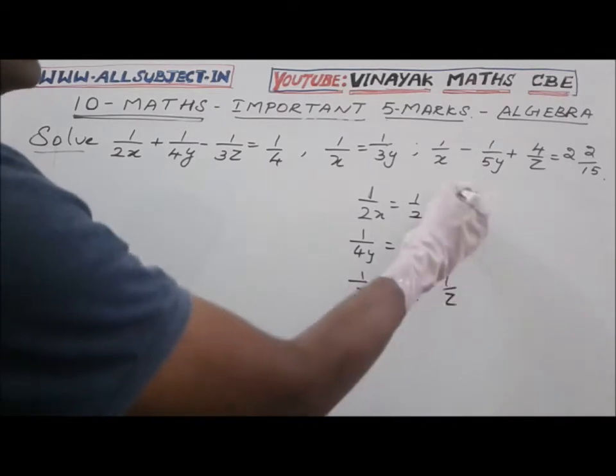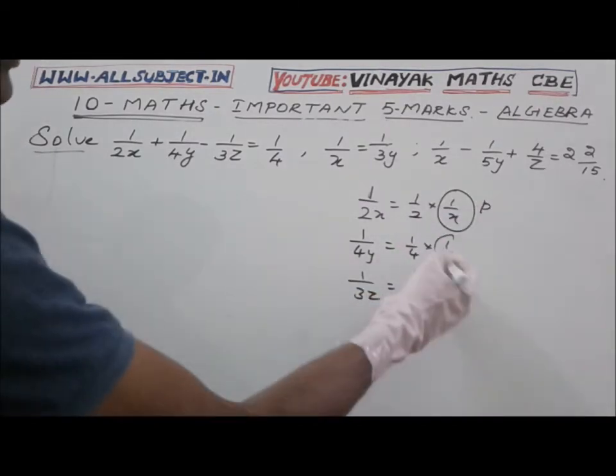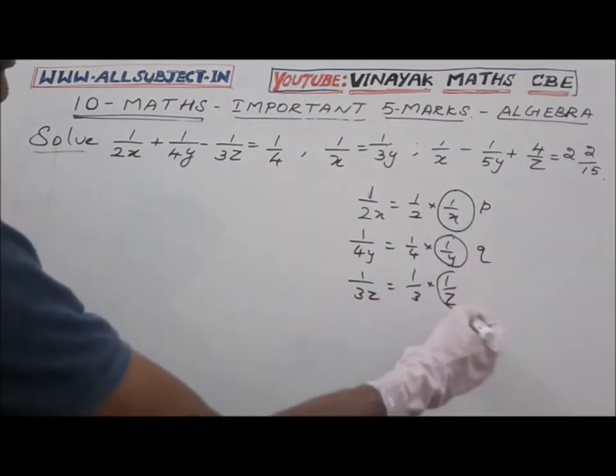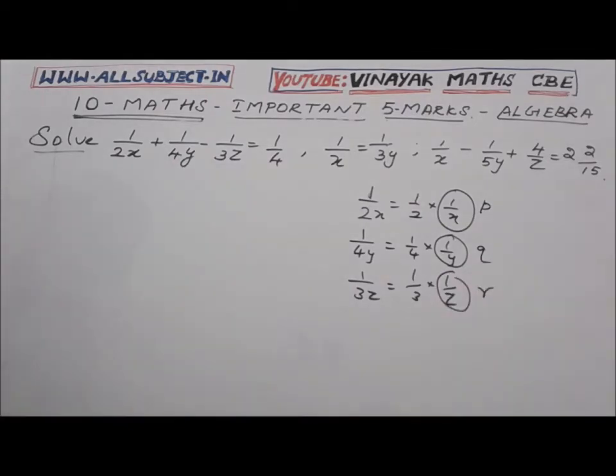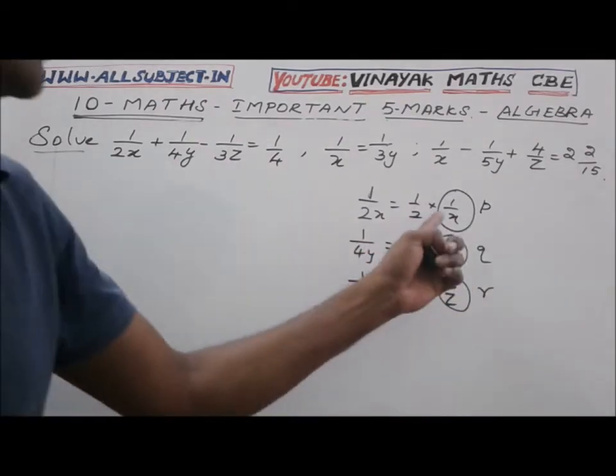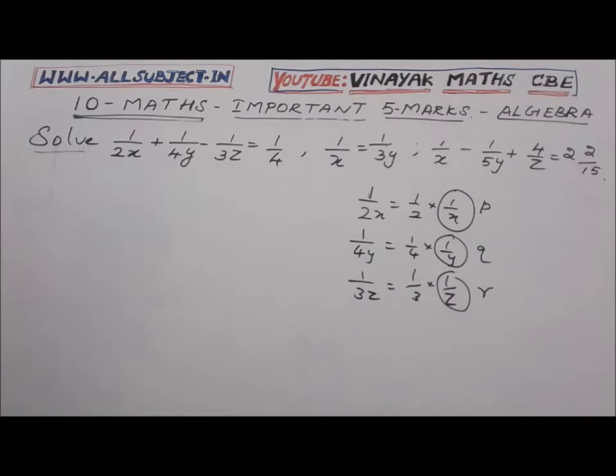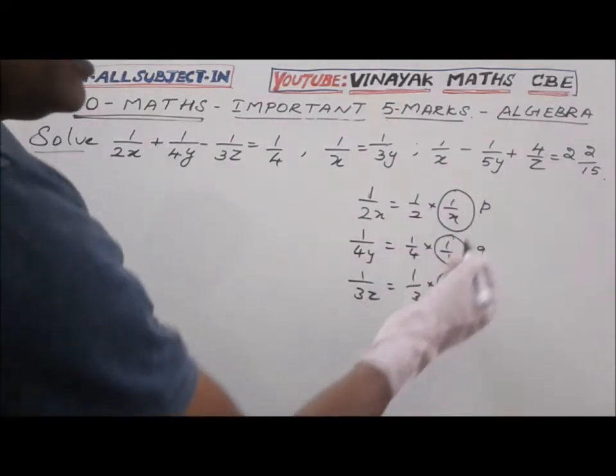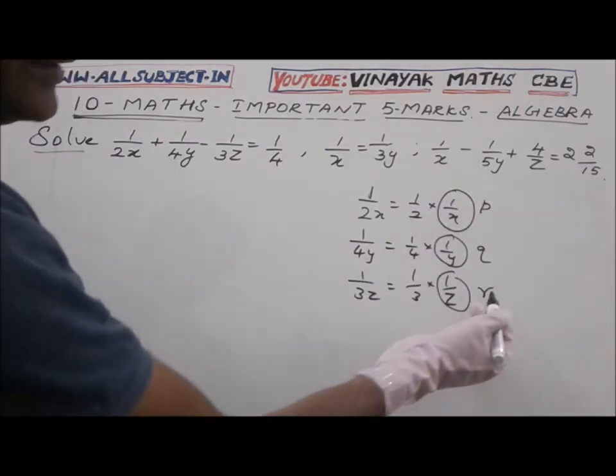Now I am taking 1 by x as p, 1 by y as q and 1 by z as r. You can substitute some other variables, but except x, y and z.